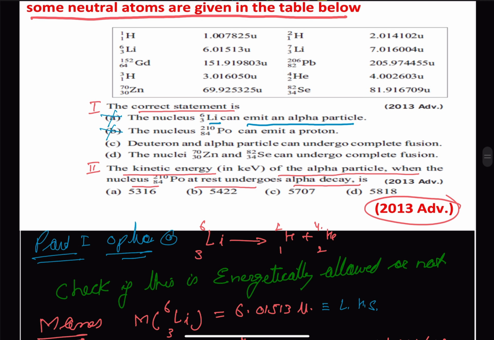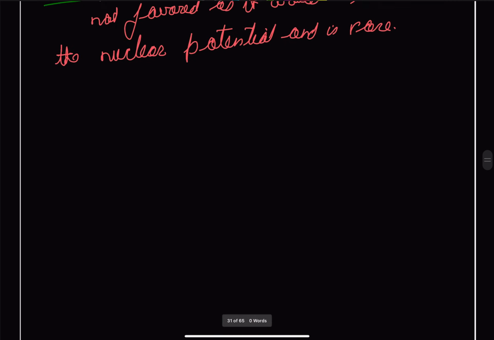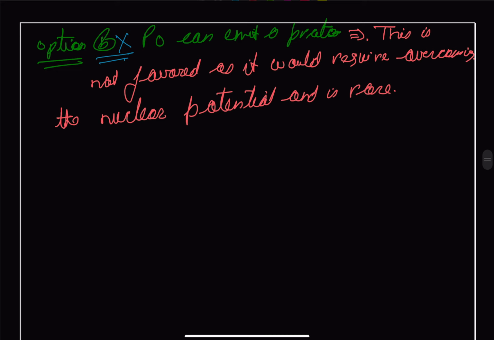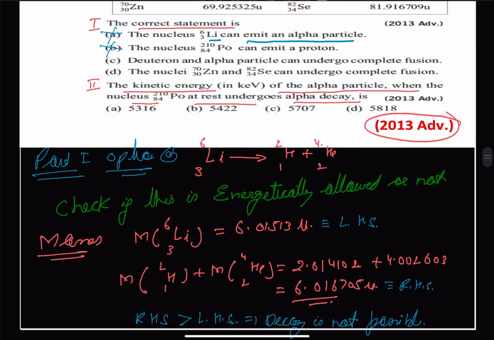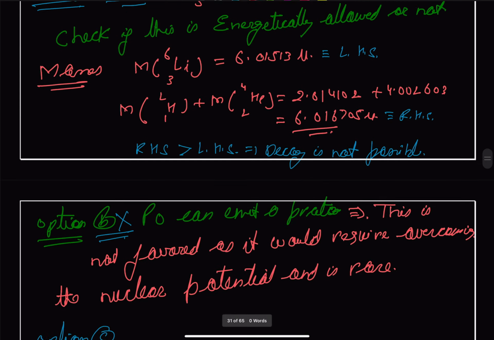We come to option C. Option C states that deuteron and alpha particle can undergo fusion. Basically they can combine producing a lithium.